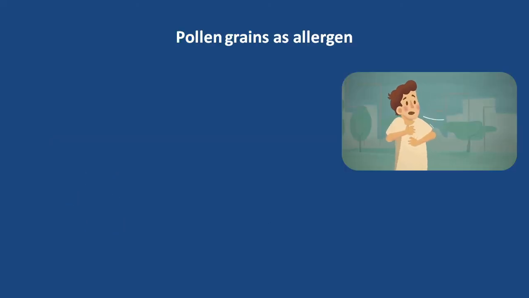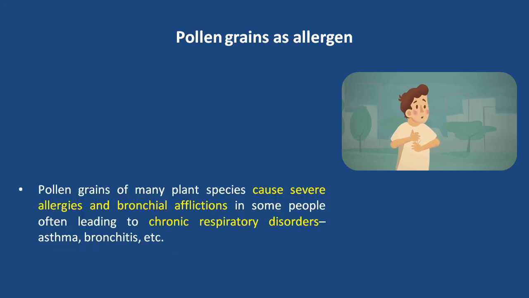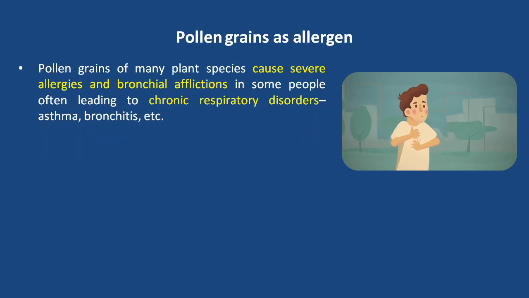Now, pollen grains can also cause allergy. Different types of allergies are caused by different types of pollen grains. So pollen grains are also allergen. Pollen grains of many different species of plants can cause severe allergies and bronchial afflictions.